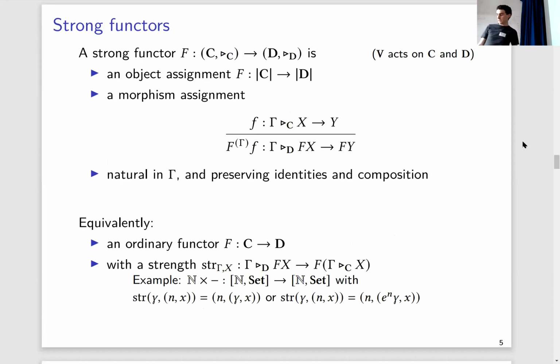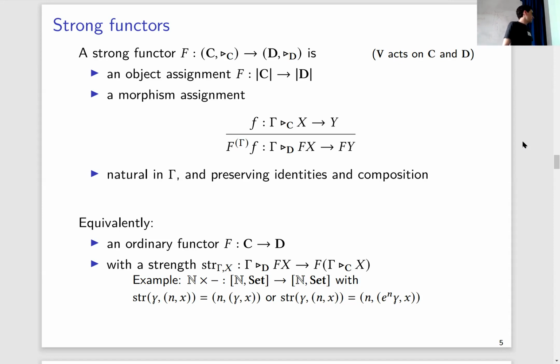Okay, there is an equivalent definition of strong functor, the more usual definition, really, where we say we just have an ordinary functor and we equip it with some strength, where a strength is a natural transformation of this type, which satisfies some properties related to the action.